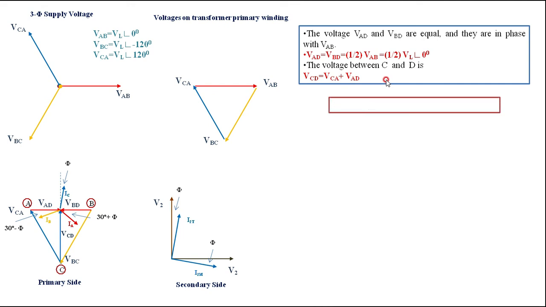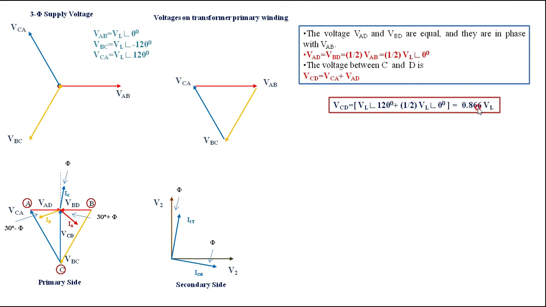Therefore, what is VCA? VCA is VLN at an angle of 120. Then what is VAD? VAD is half of VLN at an angle of 0 degrees. That you have to substitute here. I am substituting for VCA from here, that is VLN at an angle of 120, and VAD from here, that is half of VLN at an angle of 0 degrees.